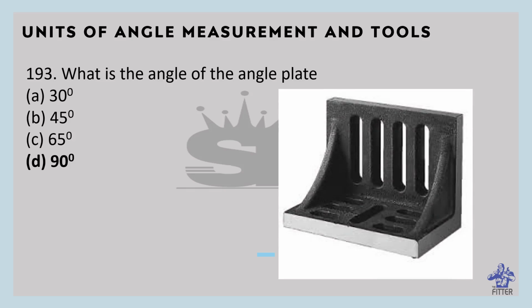The edges and ends of angle plate are measured square. A few types of angle plates are there: plain solid angle plate, slotted type angle plate, swivel type angle plate, box type angle plate. Slotted type angle plate can be tilted 90 degrees along with the work for marking or measuring.